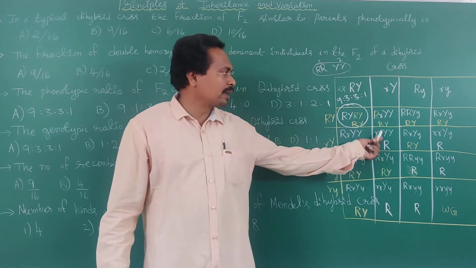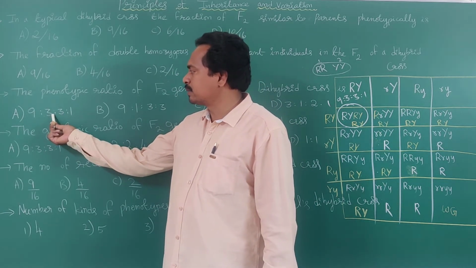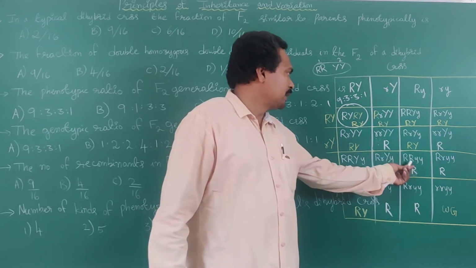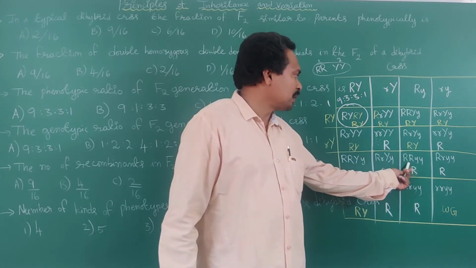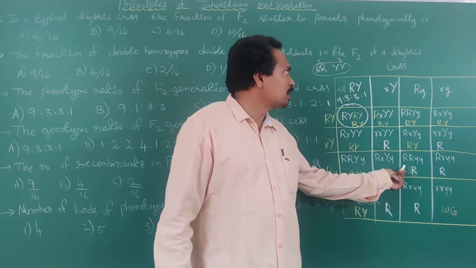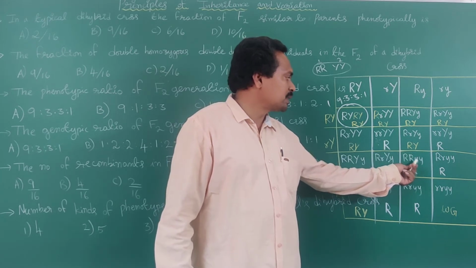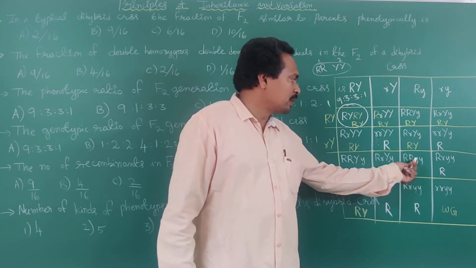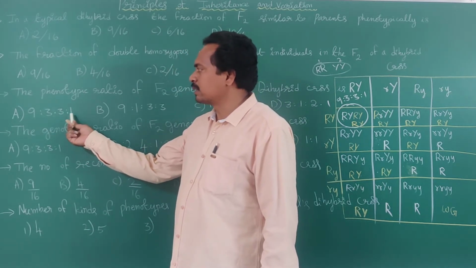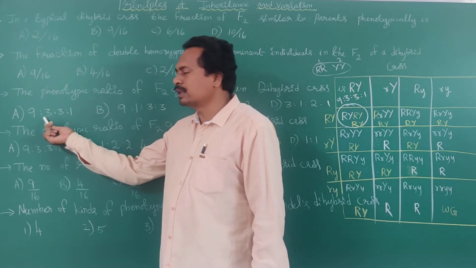Small r, capital Y is wrinkled yellow. Next, here, look, the capital R, small y. Capital R means round, small y means green. So round and green 3. Okay, wrinkled green 1. So among these options, which option is the correct answer? Yeah, option A is the correct answer.